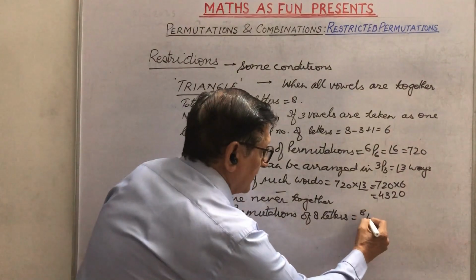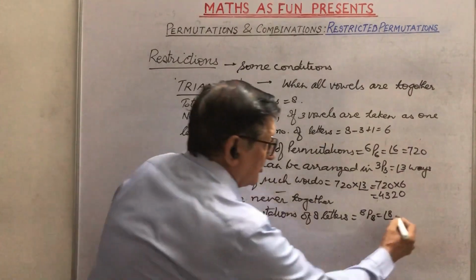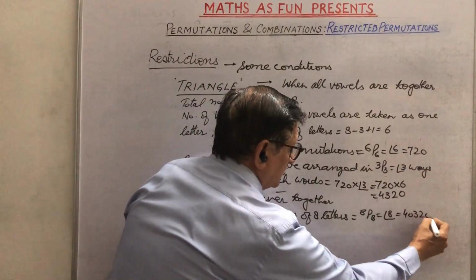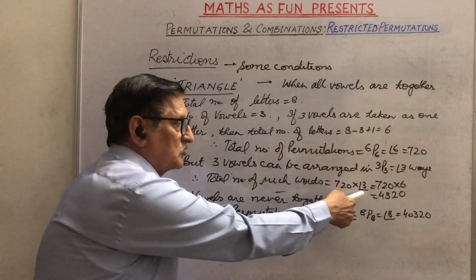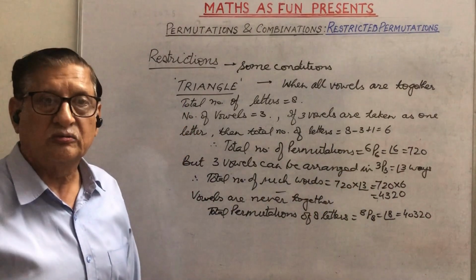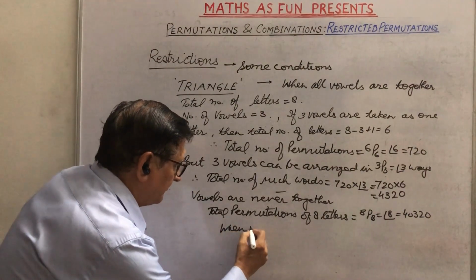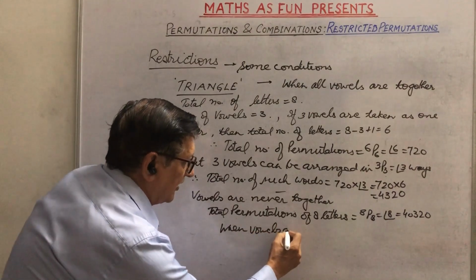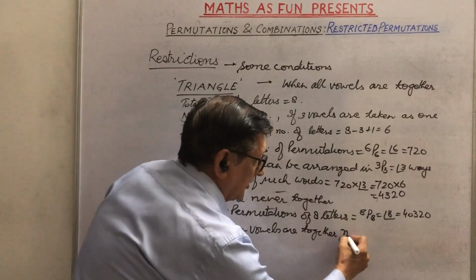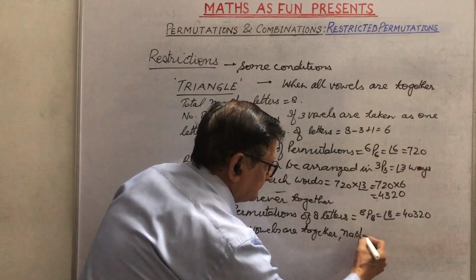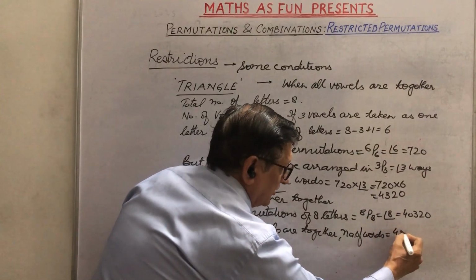That will be 8P8, or you can say factorial 8, which is 40320. Out of which, when vowels are together, the number of words is 4320.